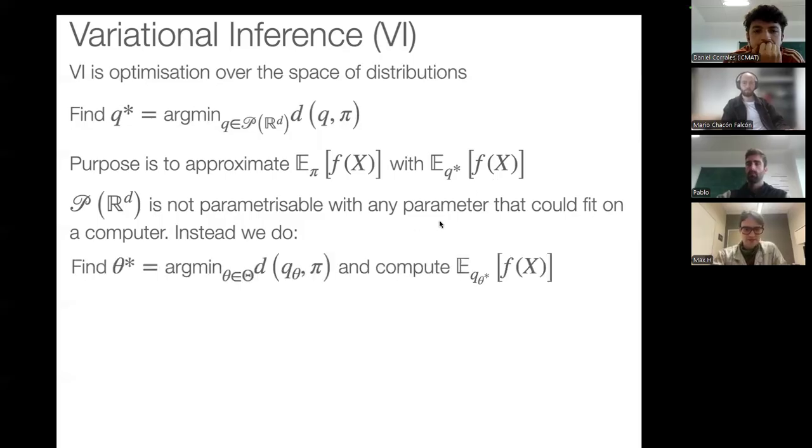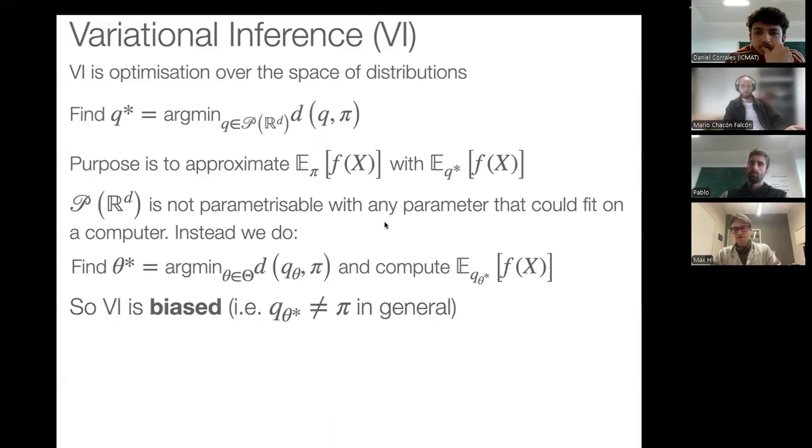So instead, what we do is we posit some parameterized family of distributions that exists as a subset of the whole family of probability distributions, and we optimize over the parameter that parameterizes that family that we've posited. And then we compute, or we infer, the expectation with respect to the optimizing member in the way that I've described before.